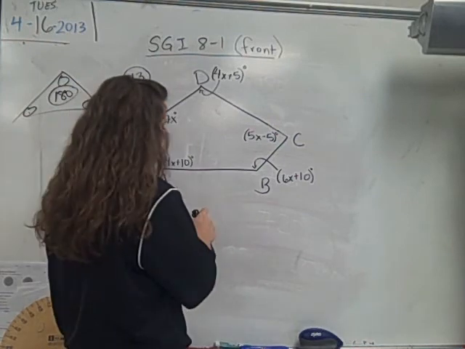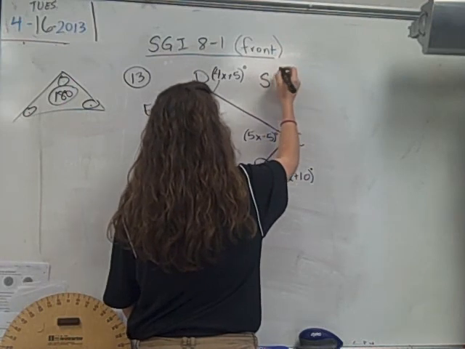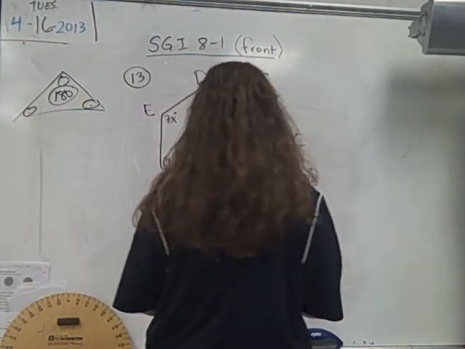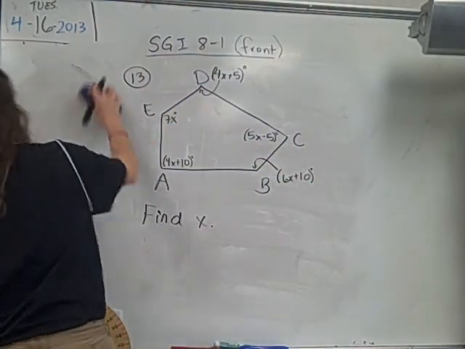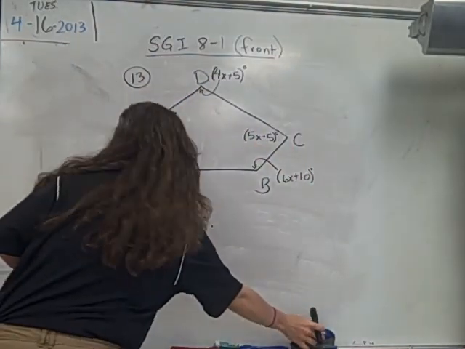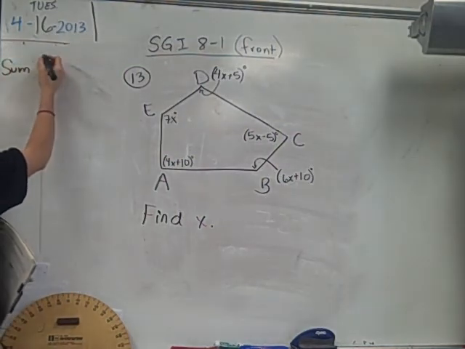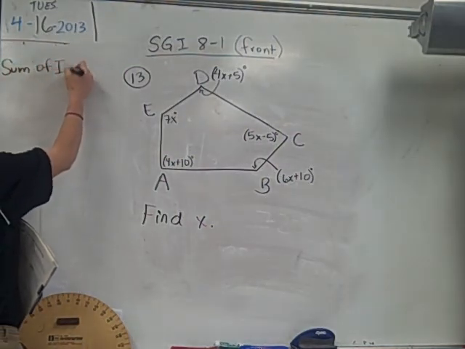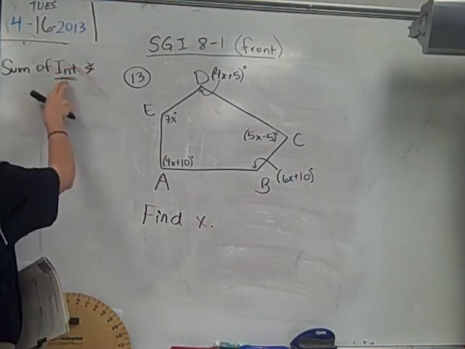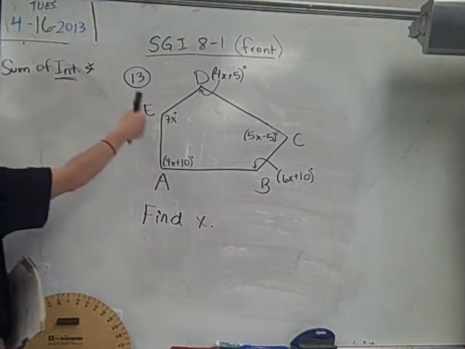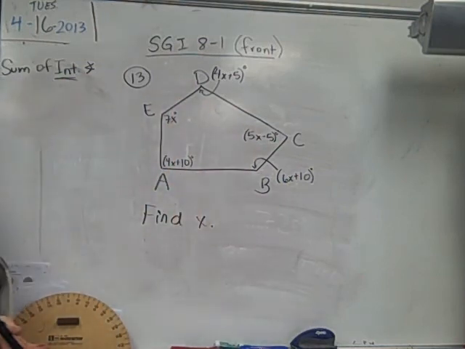Now, you just learned the formula that we're going to use. S stands for sum of the interior angles. I'm going to put this over here. Please write this down with me. This S stands for the sum of the interior angles, and it is very important that you know we're talking about interior angles on the inside, because we're getting ready to talk about something that's going to be on the outside.